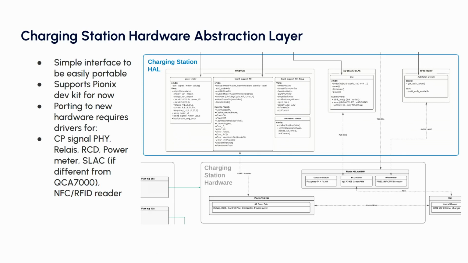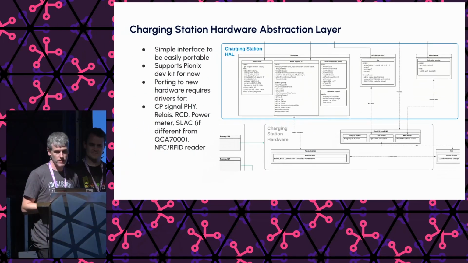And then there is hardware abstraction for things like power meters, if you want to measure how much you charge, for RFID readers, and for the power line layer, there's also a SLAC driver. But if you use commonly available hardware, there are good chances that there is already a hardware driver in EVerest for that.